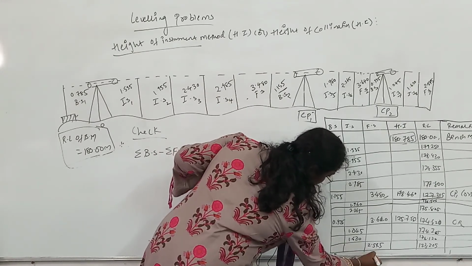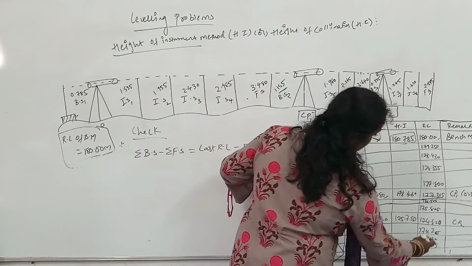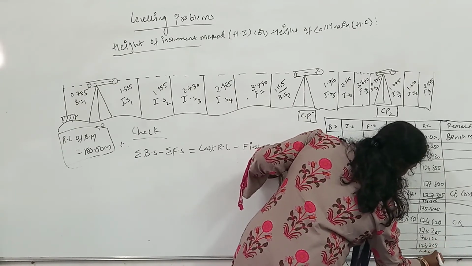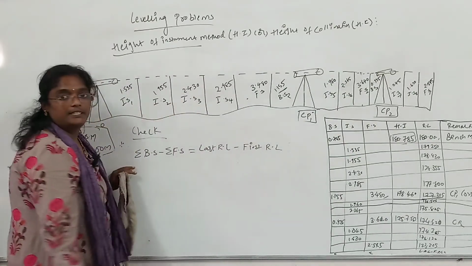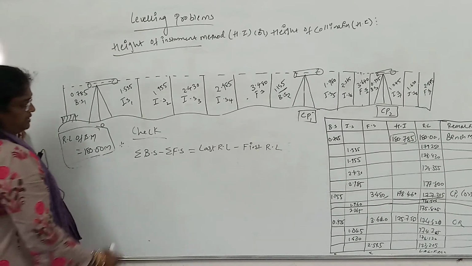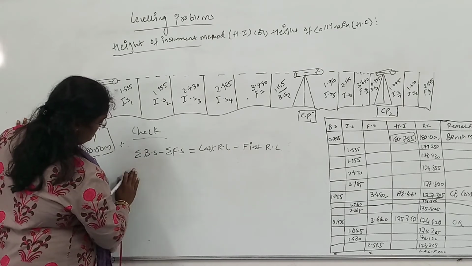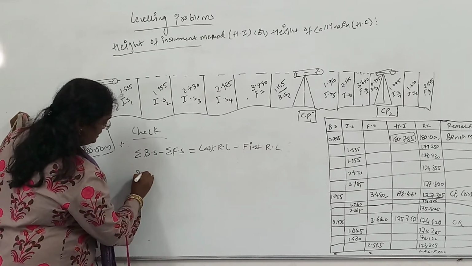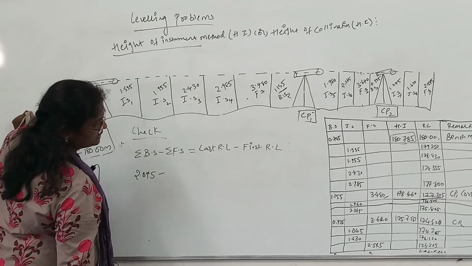No need of summation for intermediate sight. What is the summation of backsight?